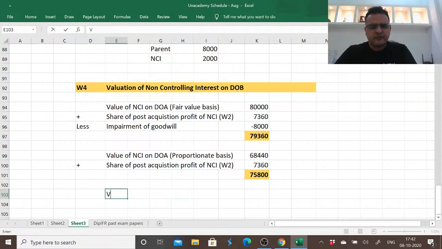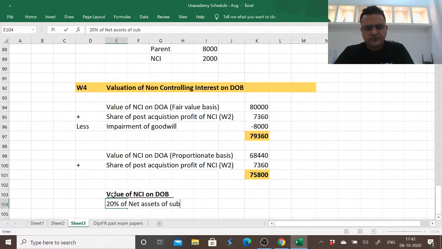The same we could have calculated, value of NCI on the date of the balance sheet, by directly applying the percentage: 20% of net assets of subsidiary on the date of the balance sheet.